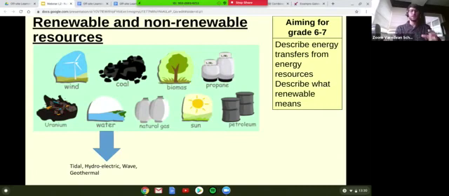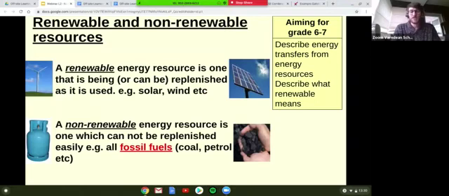Because as I said, nuclear energy falls somewhere in the middle, not producing greenhouse gases, but producing toxic waste instead. And it's not renewable, so it's non-renewable, but it's still not producing greenhouse gases. Right, so the definitions are just here, and it's really important that you get an idea as to what renewable energy is and some examples of them as well.